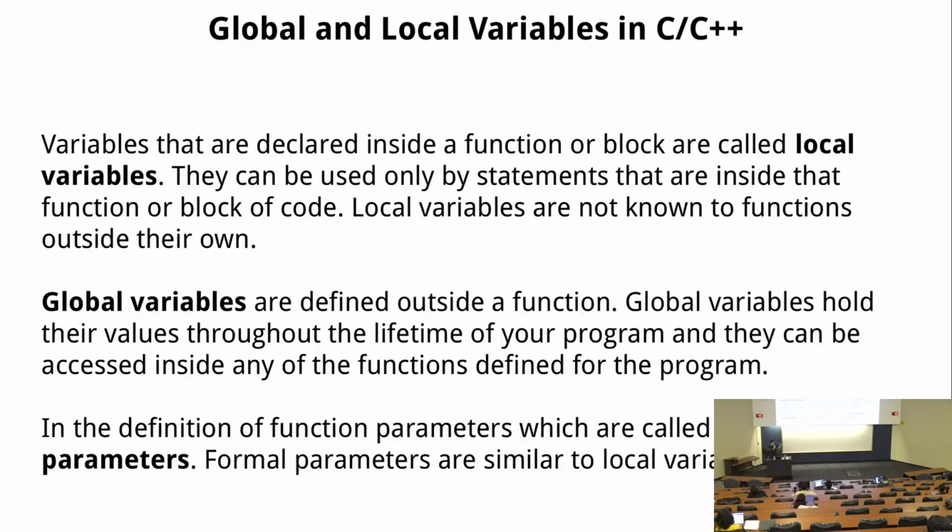They are usually stored in the .bss section or .data section. Then local variables are declared inside a function or inside blocks, and they can only be used by statements inside that function or block. Local variables are not known to functions outside their own function.